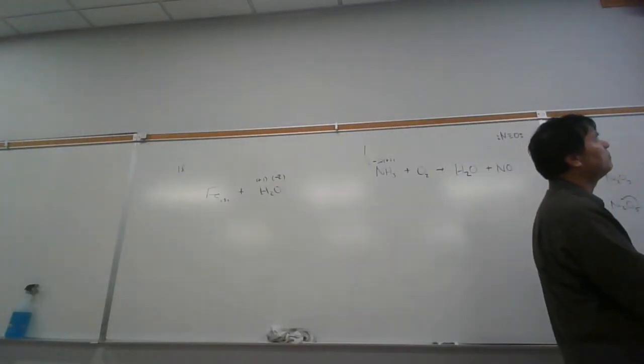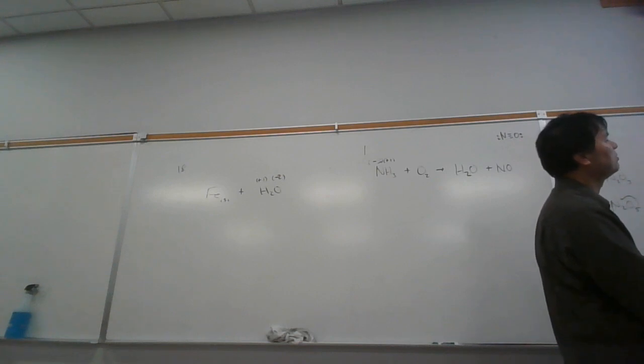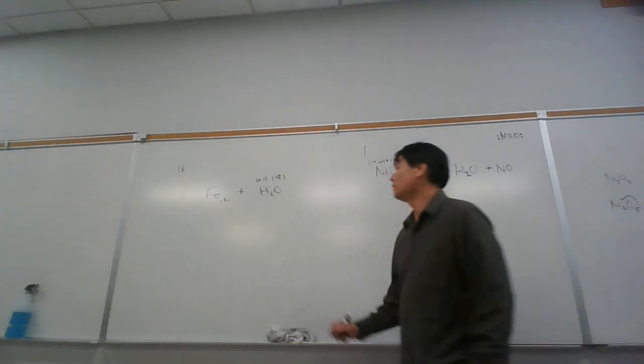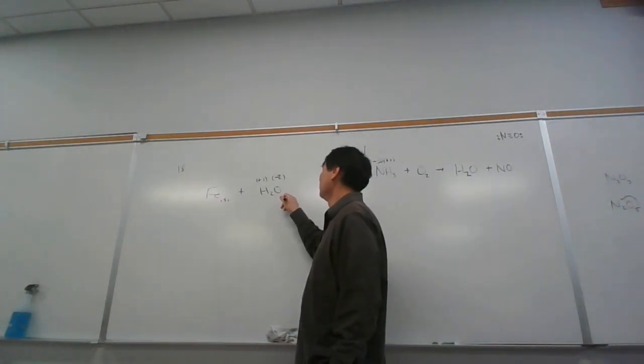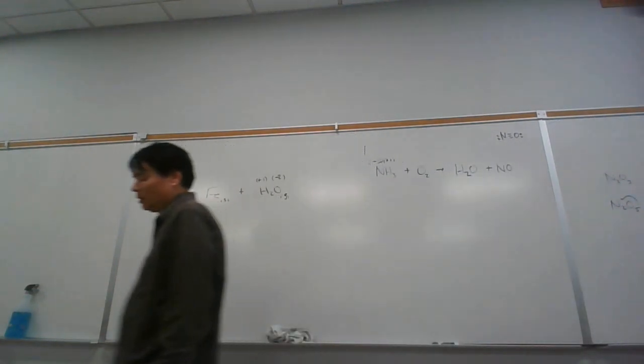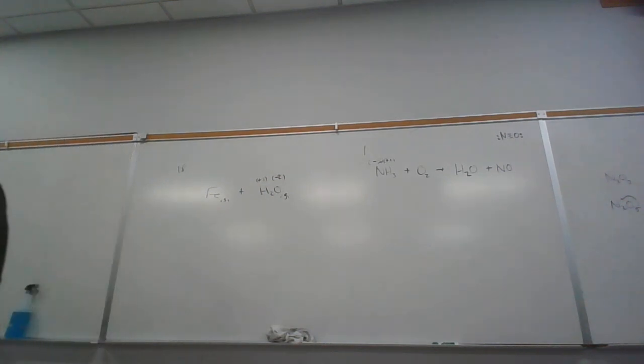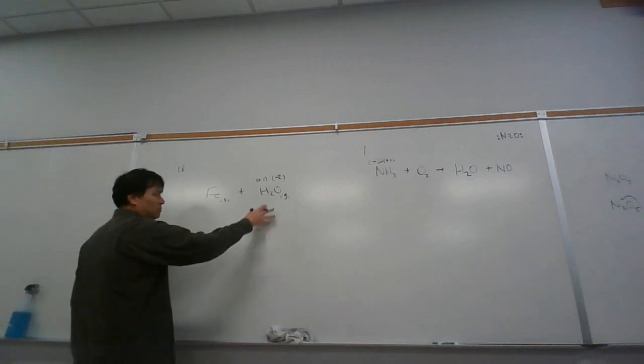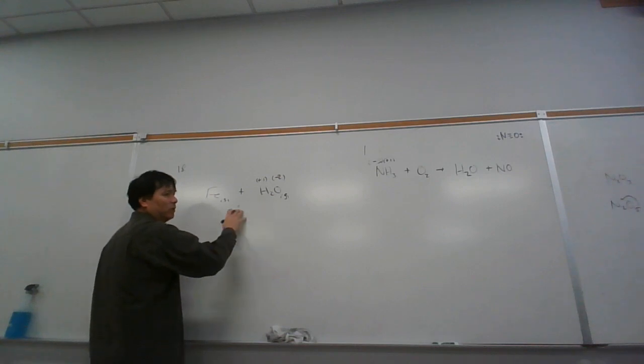A commercial method of manufacturing hydrogen involves the reaction of iron and steam. So it depends on the temperature of this steam. If you have high temperature steam, it's going to be much more reactive than just liquid water. And what is that temperature?